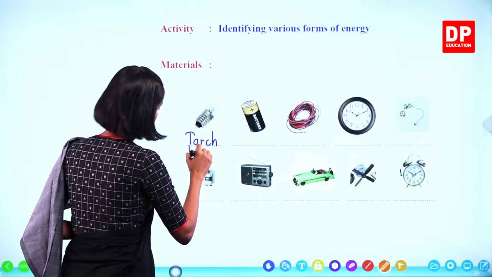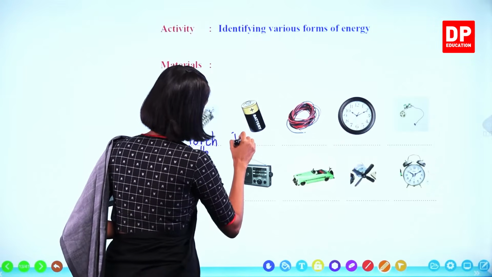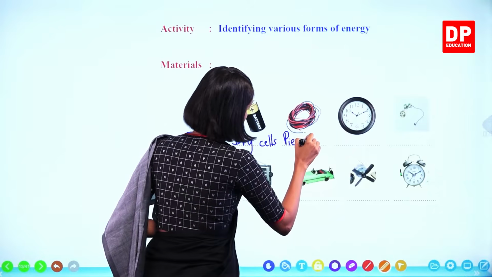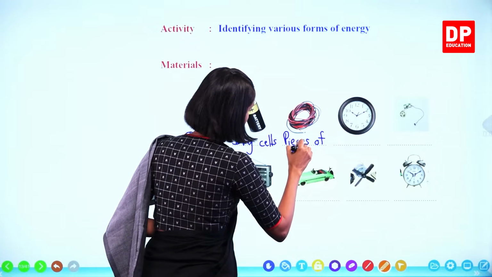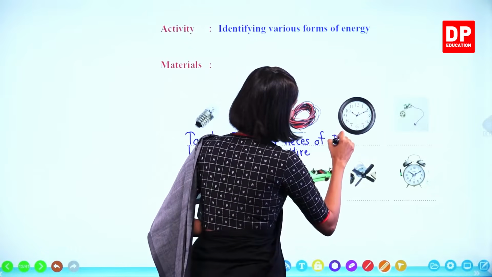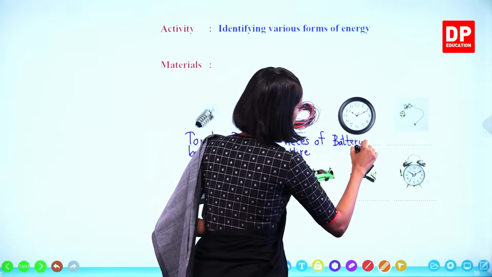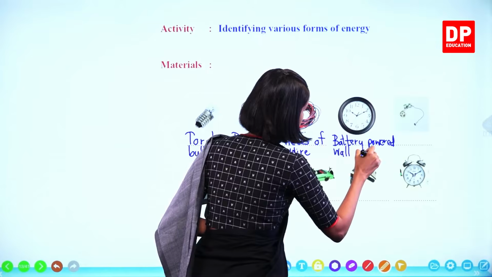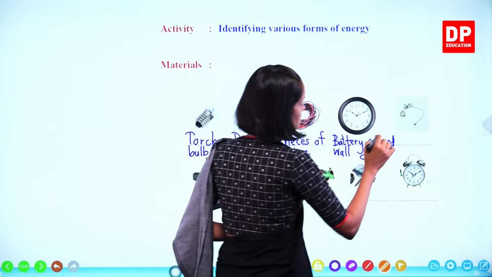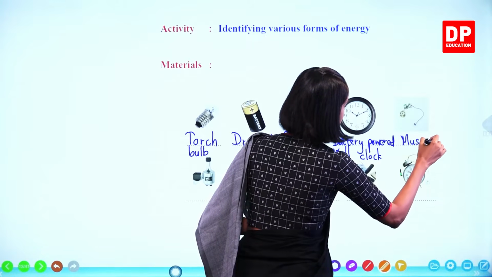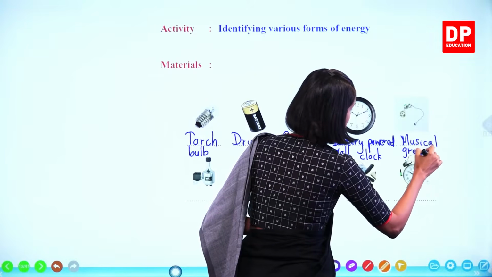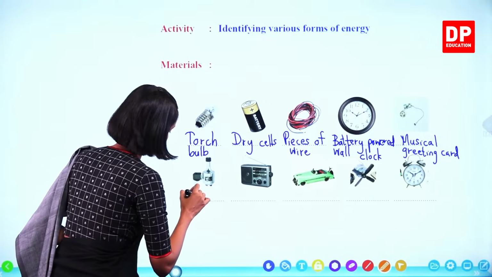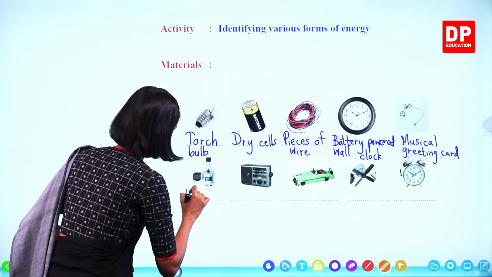Torch bulb. Dry cells. Pieces of wire. Battery powered wall clock. Musical greeting card. Bicycle dynamo.